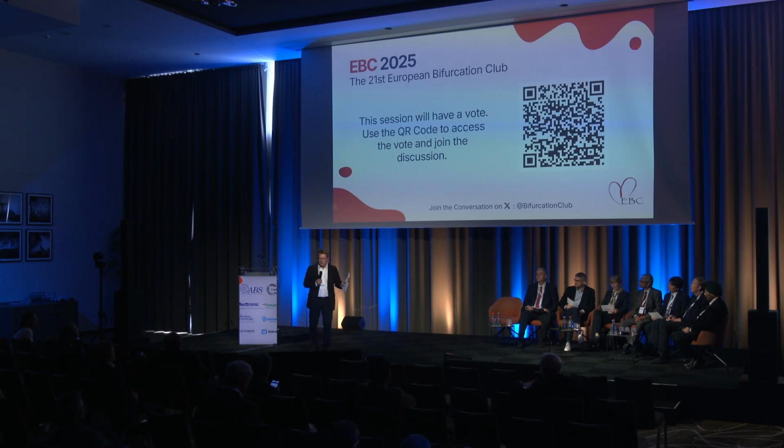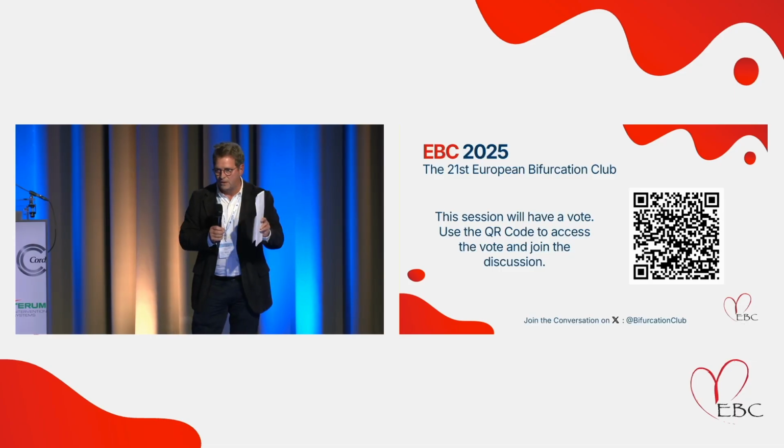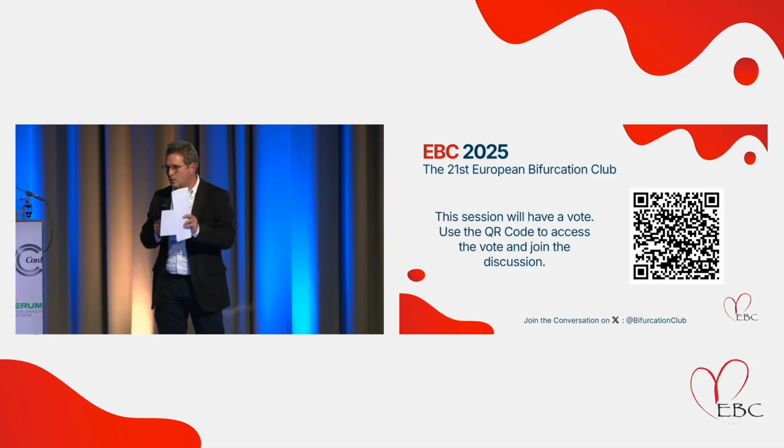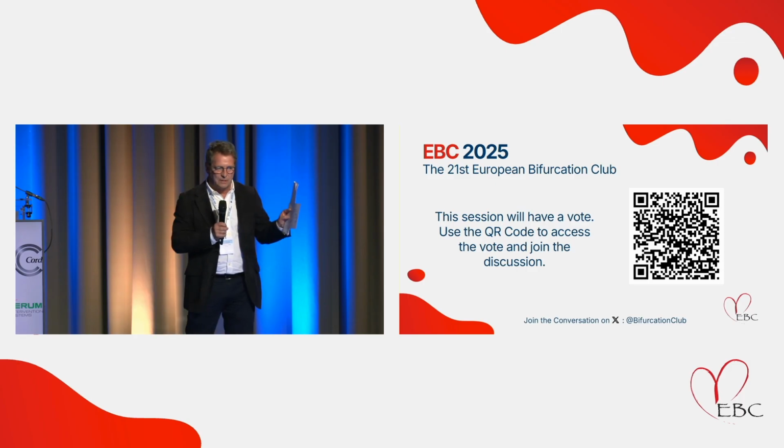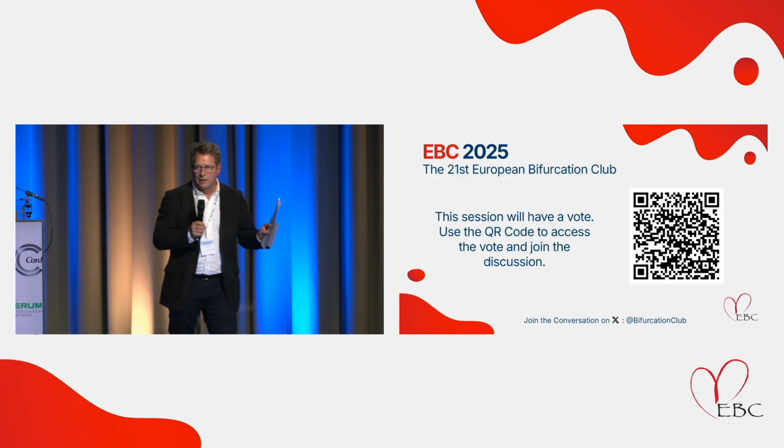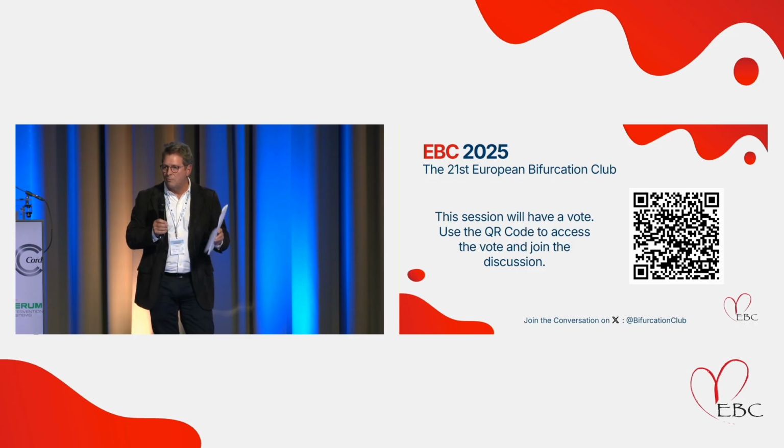So what we're doing in this session is having some very quick presentations highlighting some of the techniques, pros and cons, and then after that a voting about your feeling. What should we do? What do you feel is the best way to embark on these things? We have separated this voting session into 3 parts.